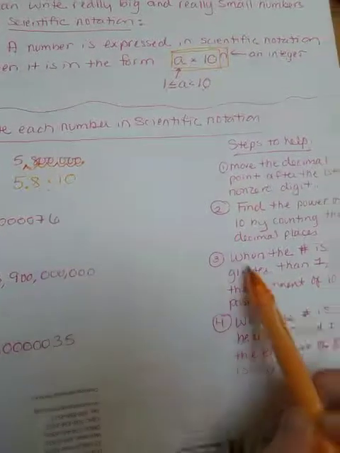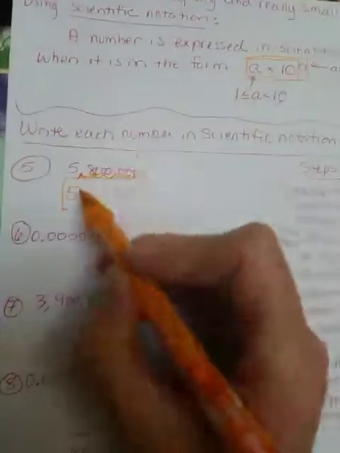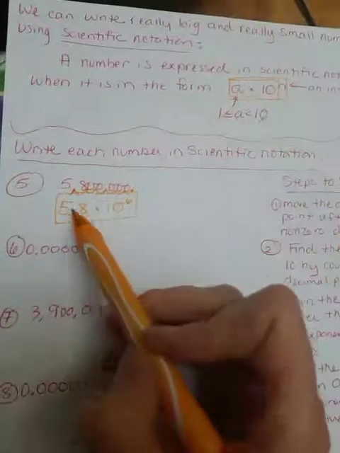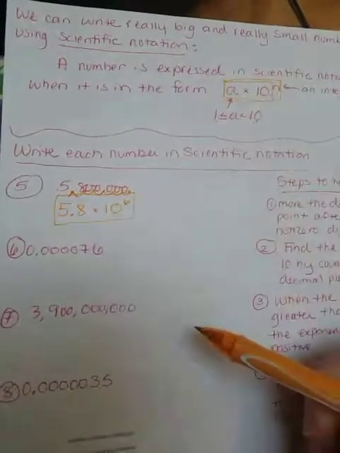Yes. So we're doing step 3. The exponent of 10 is positive. So that means I have 10 to the 6th. And that is my answer. This is in scientific notation because my A is between 1 and 10. 5.8 is between 1 and 10. N is an integer. I'm good to go.